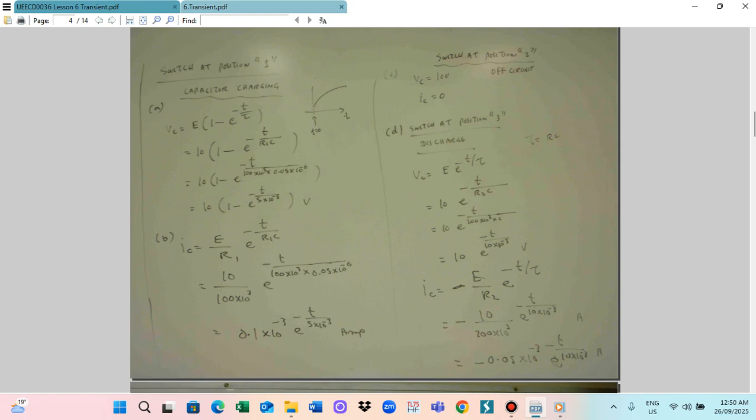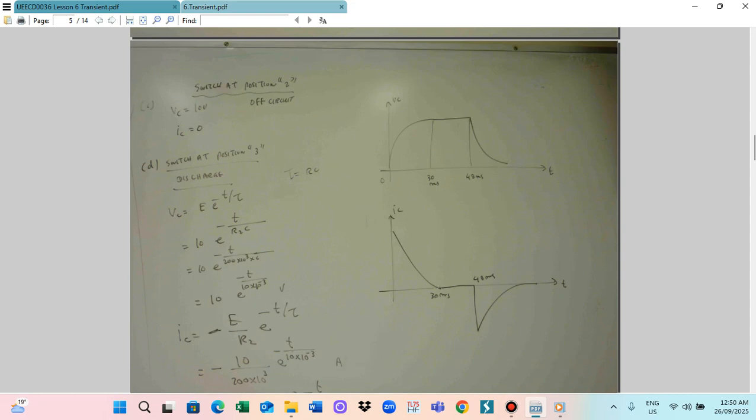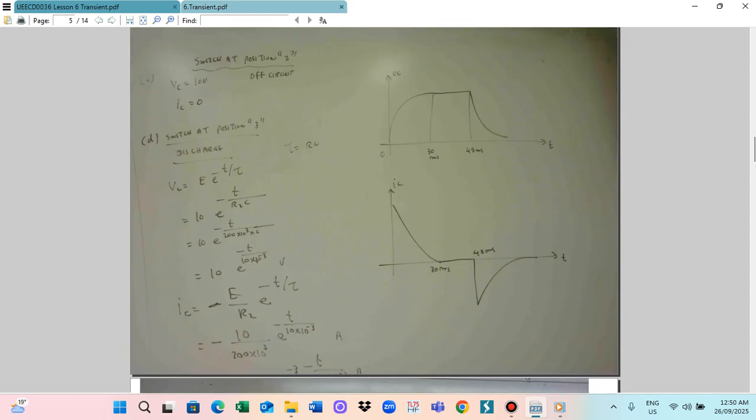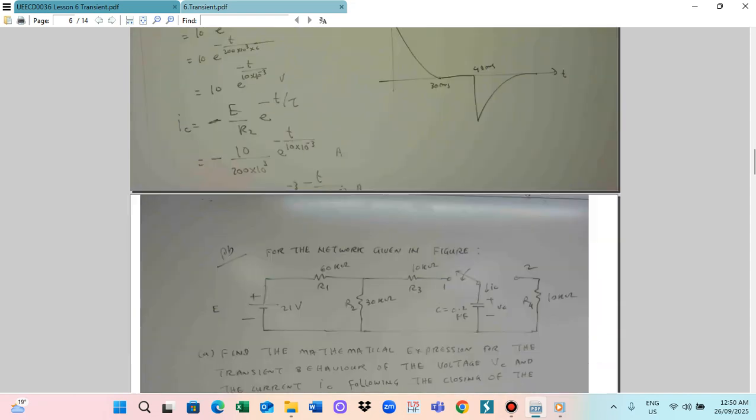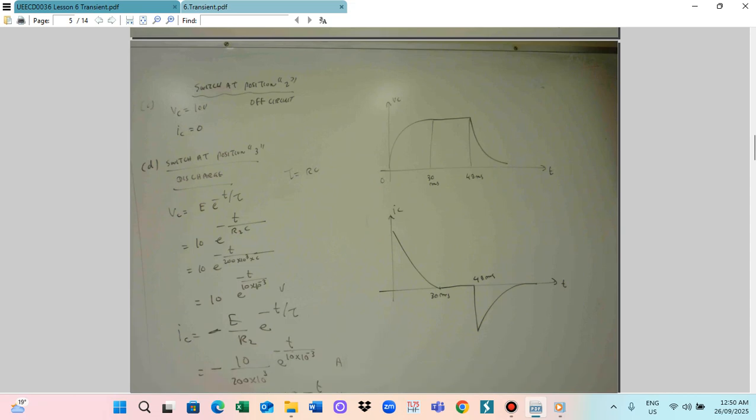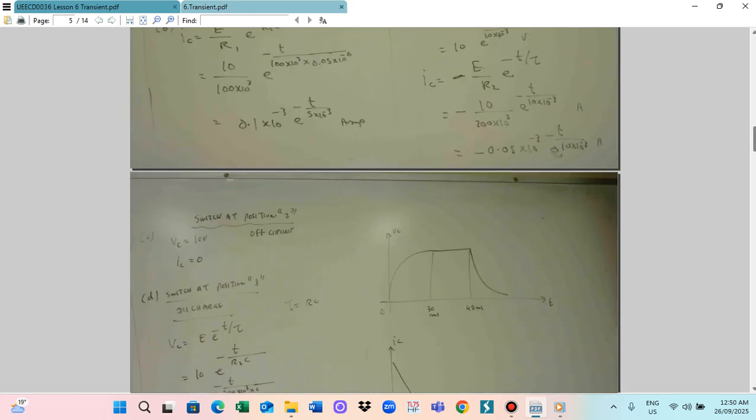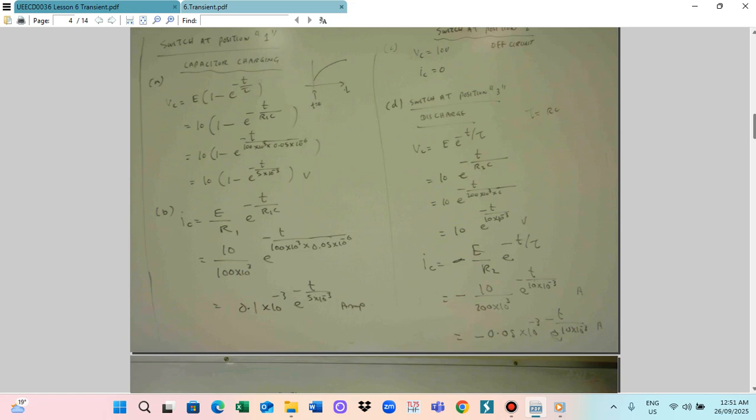Charging calculation. Loading and charging. For the charging of the capacitor in series with the resistor, we use the formulas. Charging voltage can be calculated as E multiplied by 1 minus e power minus t by RC. Charging current IC is E by R multiplied by e power minus t by RC.